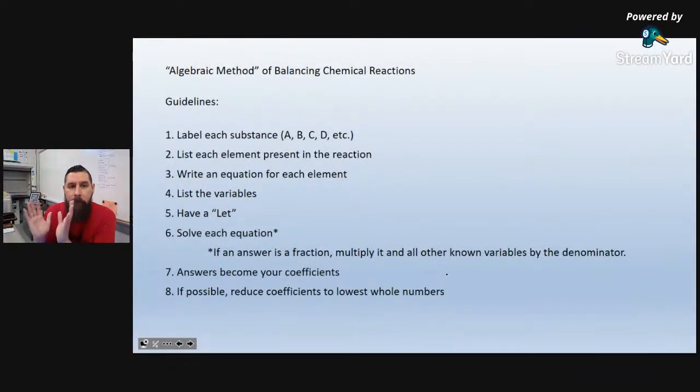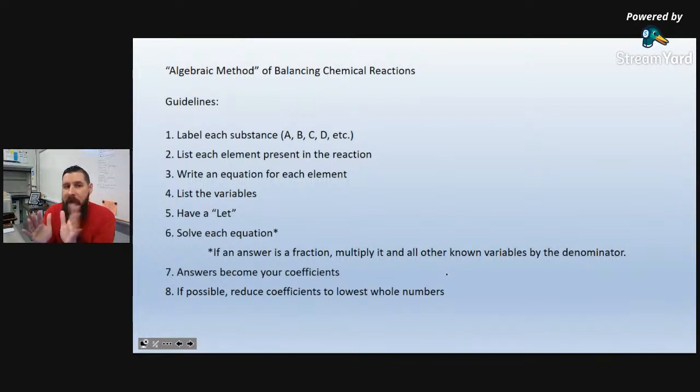All right, the algebraic method. The first thing we do is label each substance within the reaction equation with a letter, A, B, C, D, etc. Then we list each element present in that reaction that needs to be balanced. Then we write an equation for each element. We list out the variables A, B, C, D, however many substances we had.